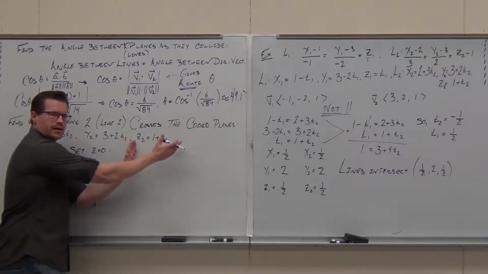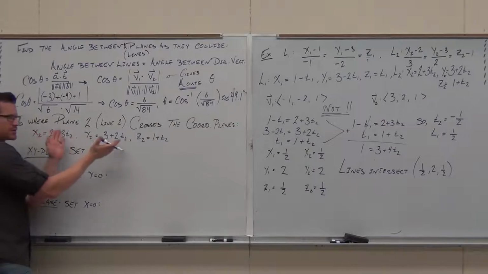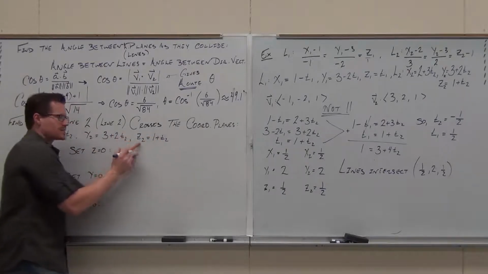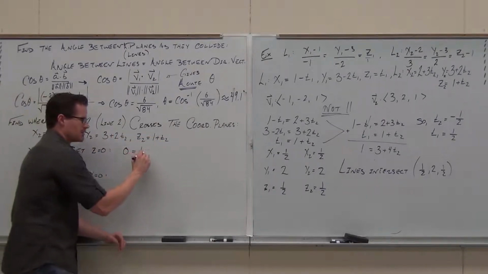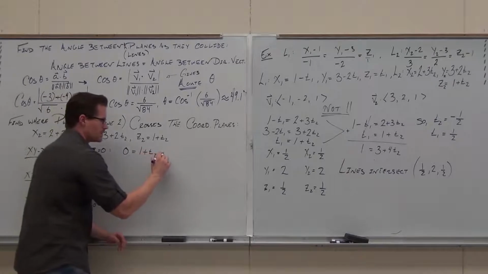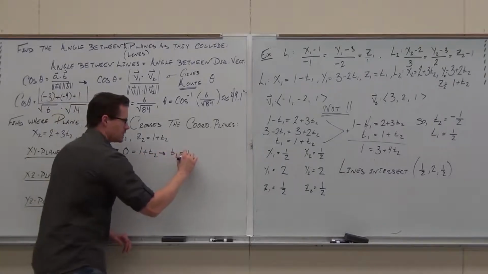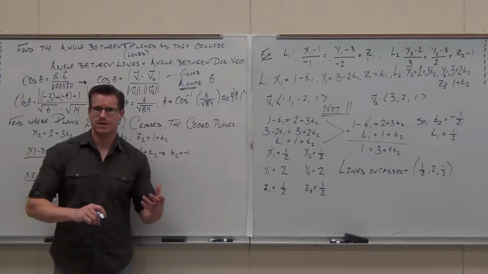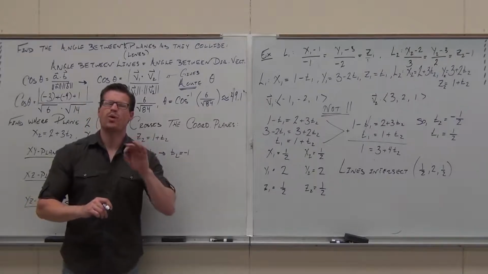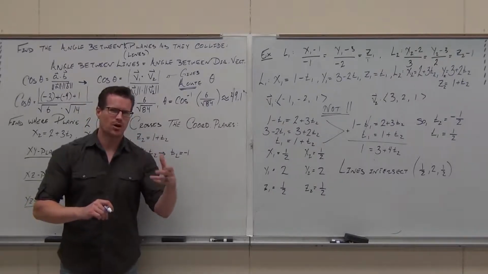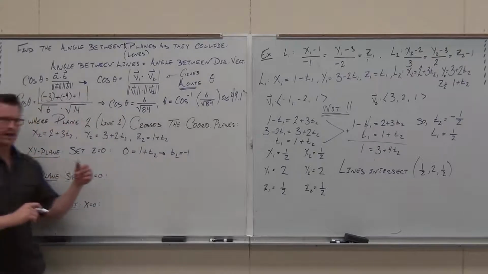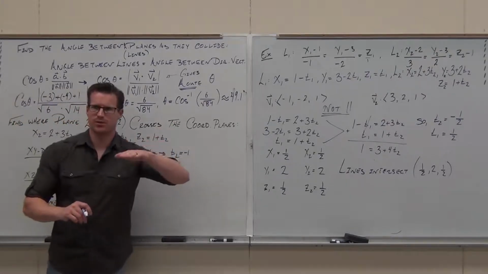This is all I'm looking at. There's the Z. If I set Z equal to 0, then T sub 2 equals -1. This is the when. When I'm going to cross the XY plane is when T is -1.